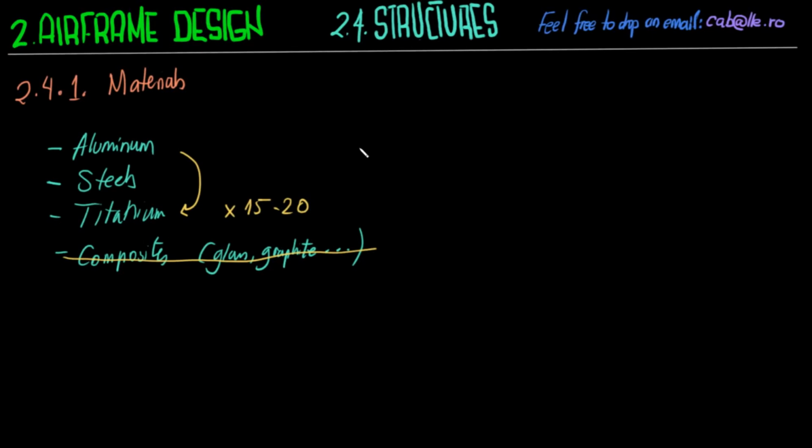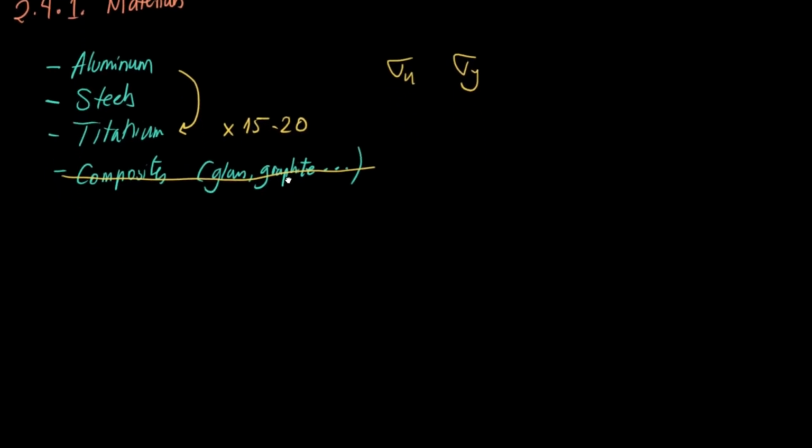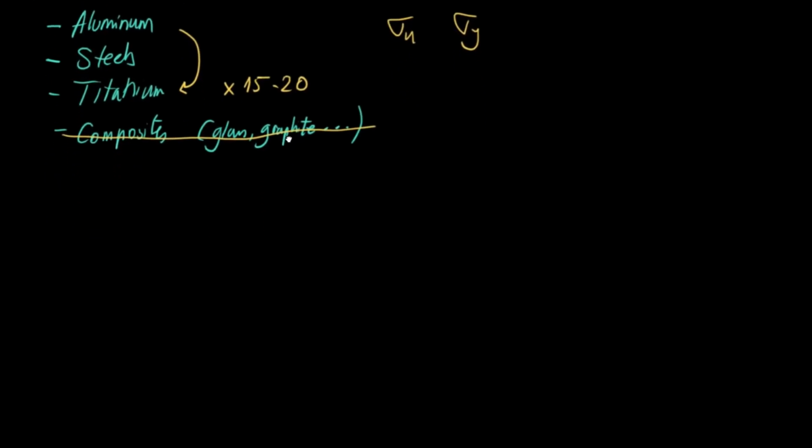A couple of concepts I guess you already know: ultimate strength and yield strength. If you don't know what these are, you should look them up before going ahead with this video. So, aluminum.